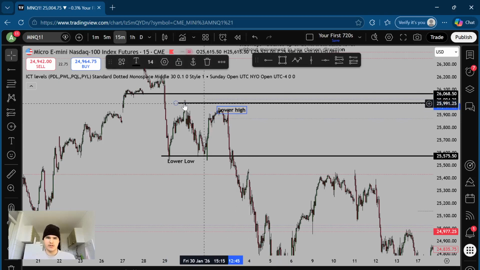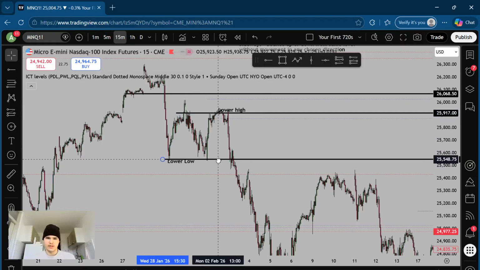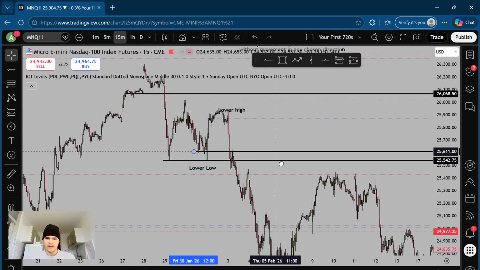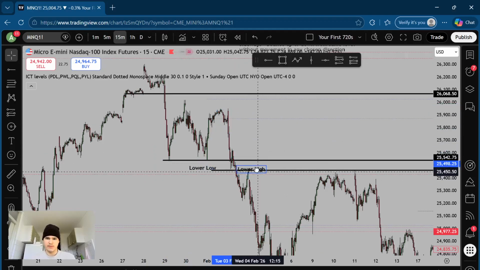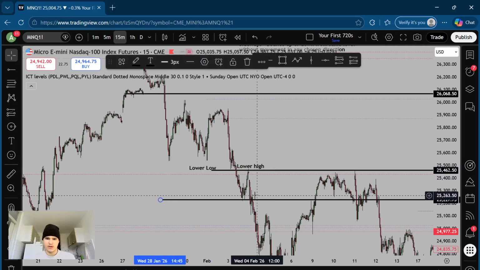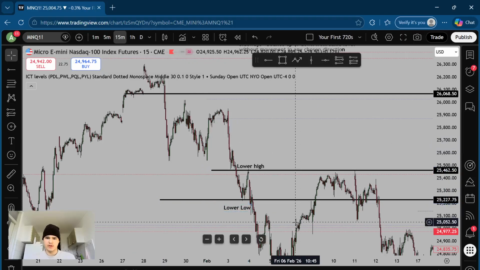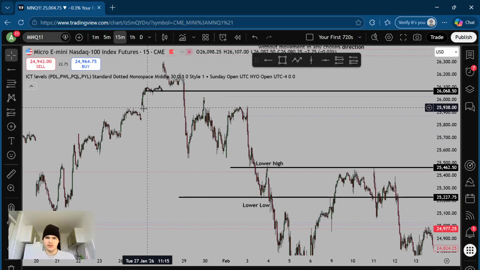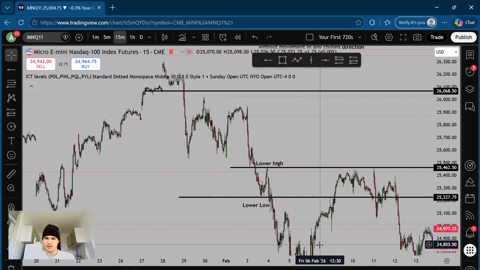This high closes below this previous one, so we can move it there. This low closes below that previous low, we can move it there. The next high down here closes below the previous one. And then this low all the way right here closes below this low. So it is obvious as day, right? We broke the uptrend up here with the break of that higher low, and then we continued into a downtrend.